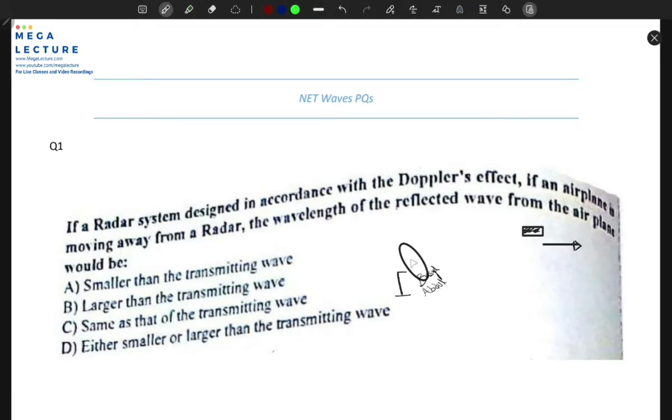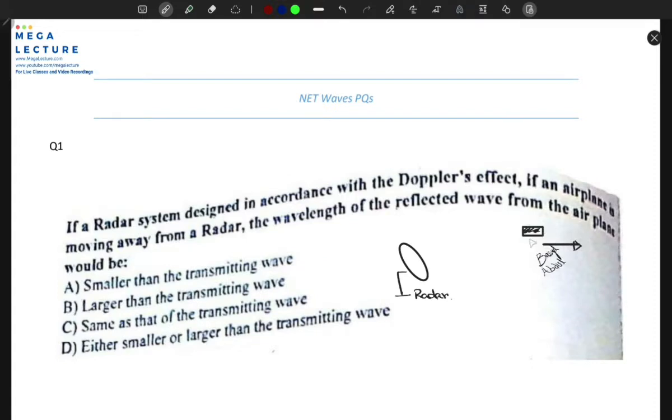So the airplane is moving away from this radar. This is the radar. Now, the wavelength of the reflected wave from the airplane would be, so we are asked about the wavelength of the wave that would be reflected back from the airplane.